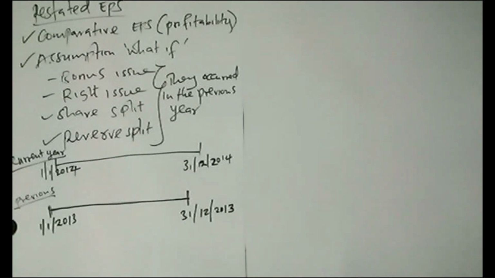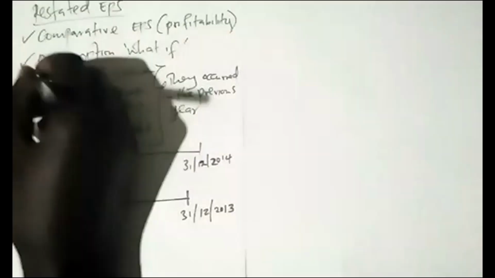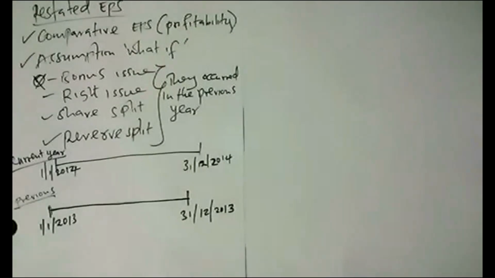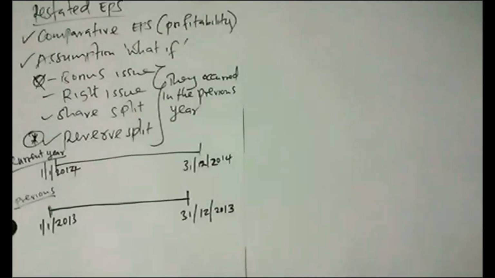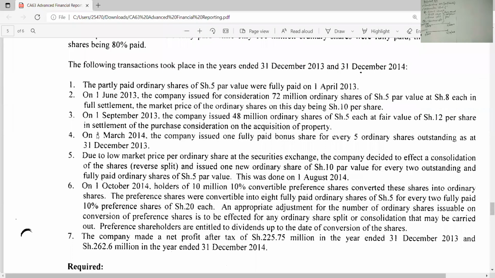So what occurred in this question is 2 items, bonus and the reverse split, and both of them occurred in 2014. We can check and confirm. Like now, note 4, there was a bonus. On 1st March 2014, the company issued 1 fully paid bonus for 5 ordinary.